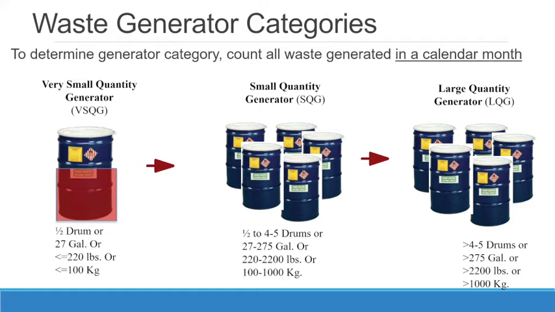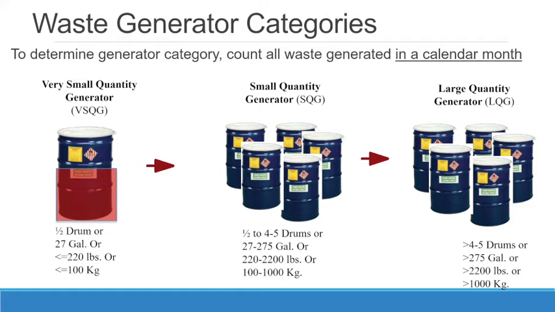What's interesting is that Mike and I were talking about the demographics of the printing industry: in the state of Wisconsin, there's a fair number of printing operations that are large quantity generators. Generally, most printing operations are going to be small quantity or very small quantity, but because Wisconsin has a large population of larger printers, there is a higher percentage of large quantity generator printers in the state.